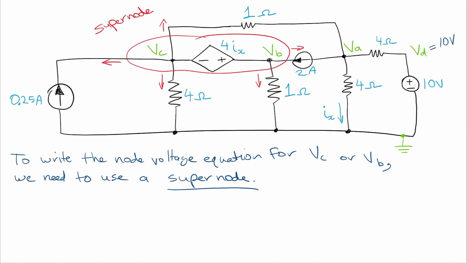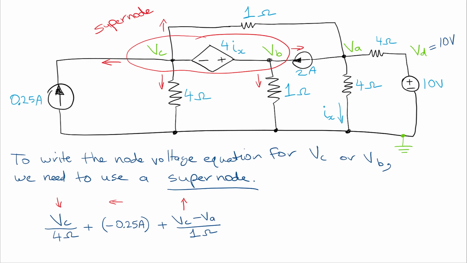Okay, and we're going to maintain our assumption that this supernode now is the highest voltage in the circuit and all the currents flow out from it. So that's why the arrows are pointing away from the supernode. Okay, so then let's write the equation for the supernode.